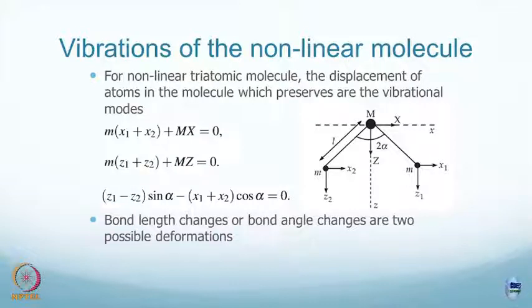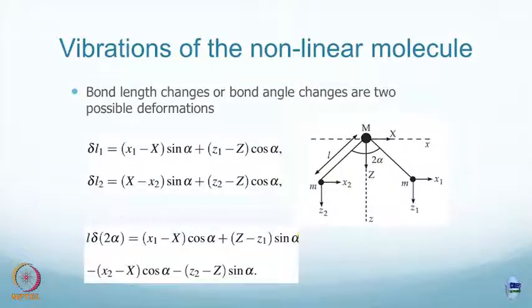So, bond length changes, this is one possibility which will be 1 vibrational degree of freedom, and then you can also have the bond angle changing. These are the 2 possible deformations of the molecule without altering the center of mass of the molecule and the rotational degree of freedom. So, how does bond length change?